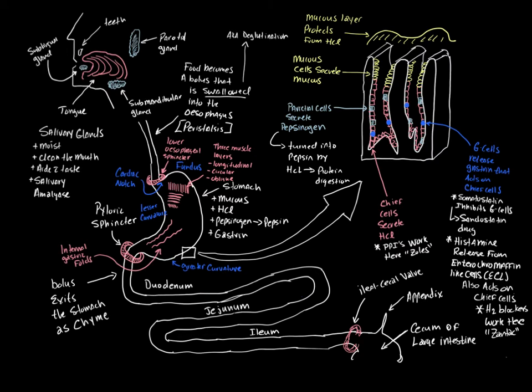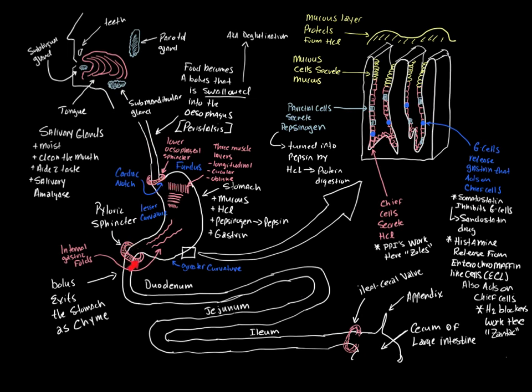You also have valves called sphincters. And a sphincter is just a circular structure of muscle tissue, of smooth muscle, that can open and close. And so you have a sphincter here called the lower esophageal sphincter, right here where the esophagus comes into the stomach.